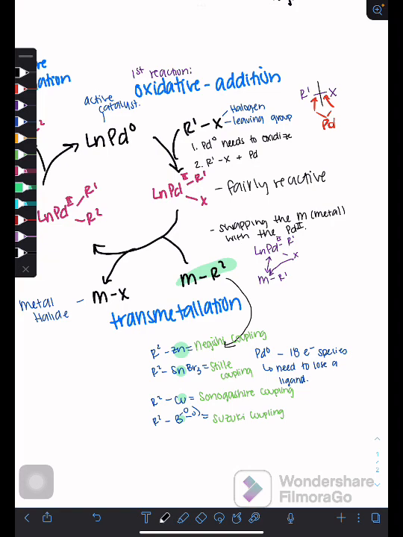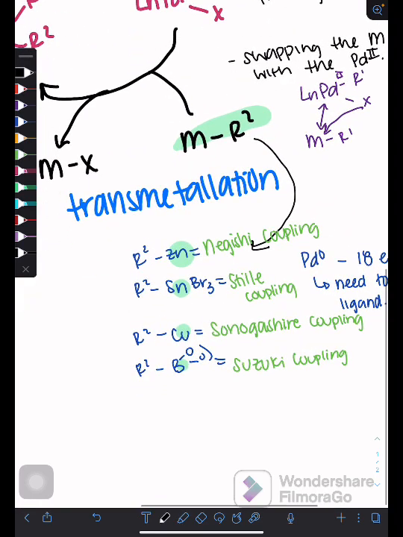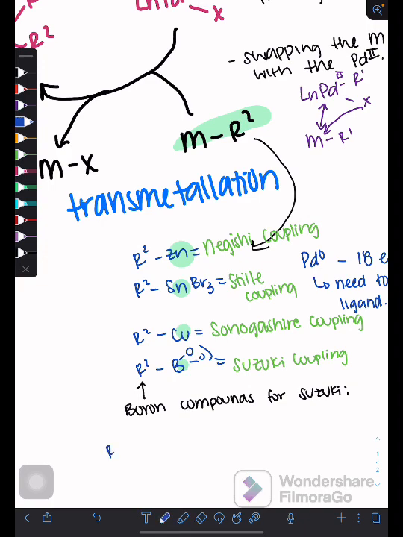And some more in depth for the boron, you have some options. Some boron compounds for Suzuki include this R. We're going to generalize it here, so it's R with the boron with 2 other R groups. This is organoborane.